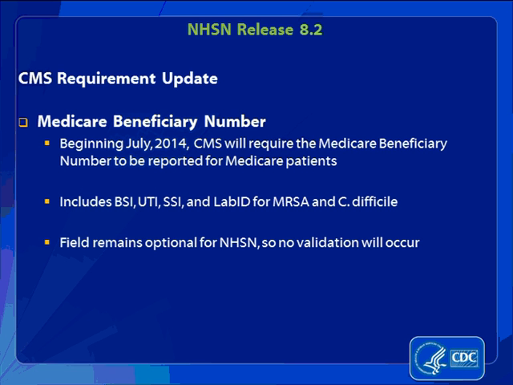So you can add that Medicare beneficiary number to your patient information in the R5, UTI, and Lab ID. You do it the same way as you would do your R9. The field remains optional for NHSN, so no validation will occur, so it will be up to you to add it.